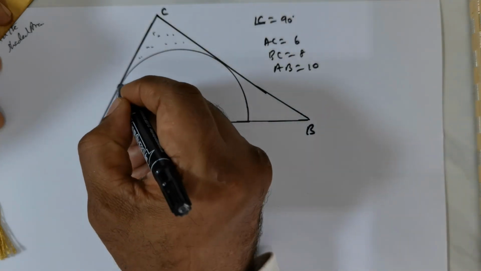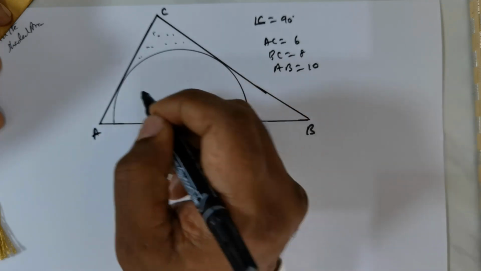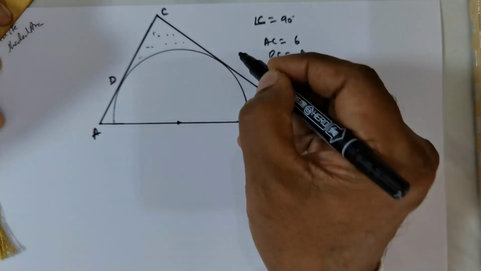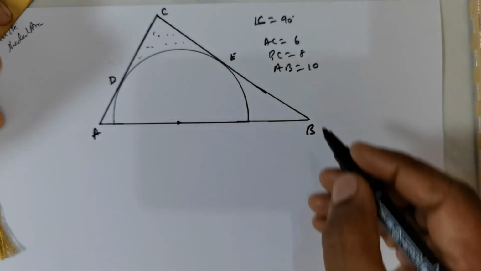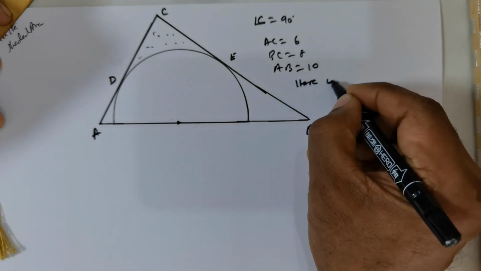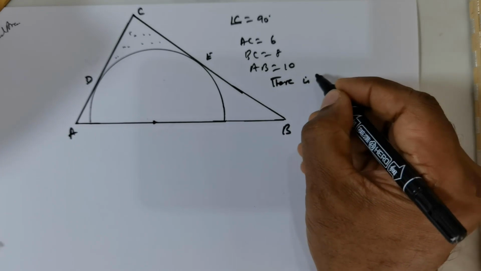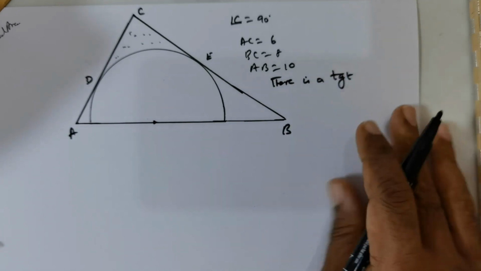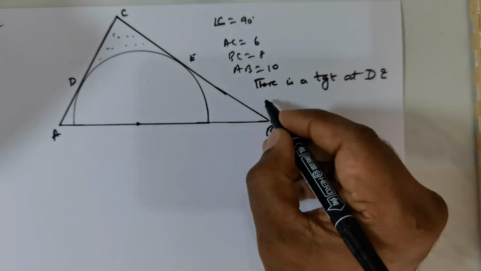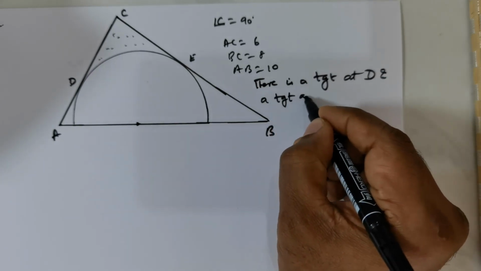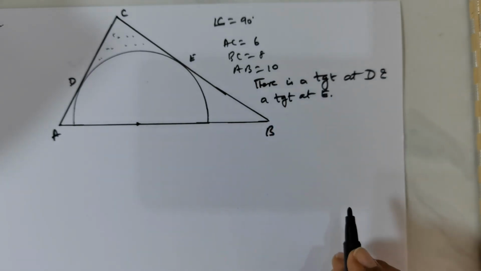Now there is a tangent at D and a tangent at E.